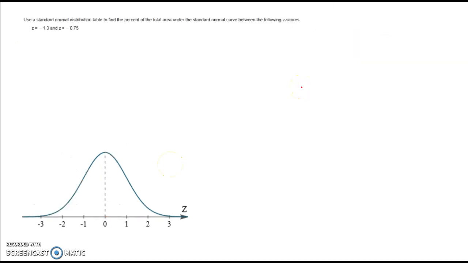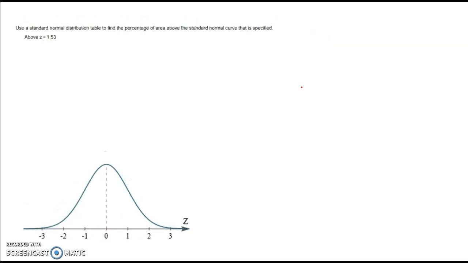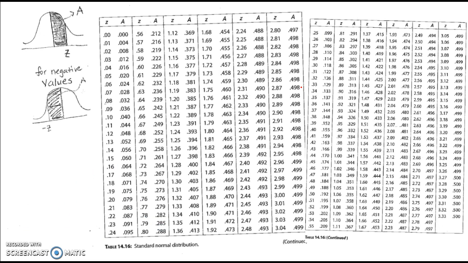Alright, I'm going to go to the chart that I gave you, and I'm going to look for 1.48. You'll notice that this chart gives me the area from the mean over to the z-score, regardless of whether the z is positive or negative.